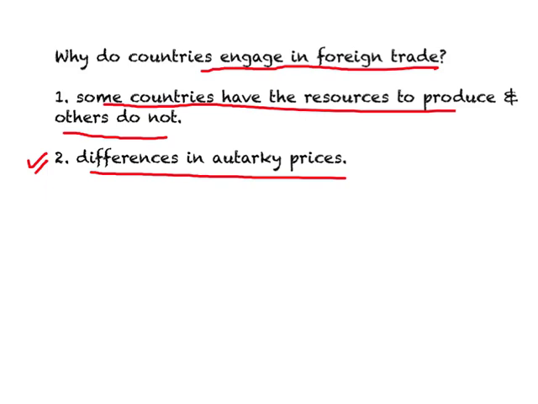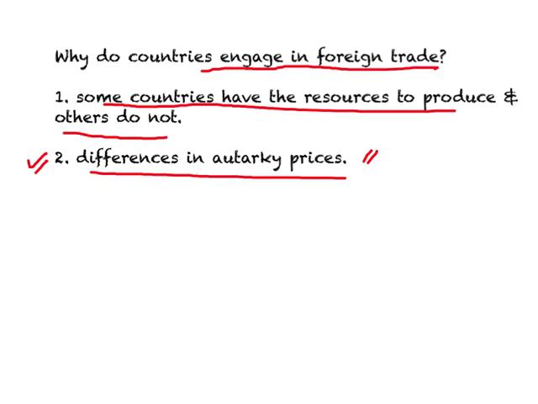Now, why do we have differences in autarky prices? That is what the theoretical trade models teach us, and that's what we'll look for as we go along. Look for explanation as to why we have differences in autarky prices. So differences in autarky prices become a basis for foreign trade, and this is what we'll look at.